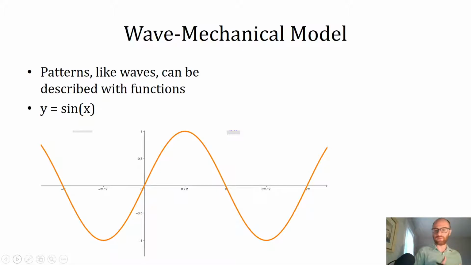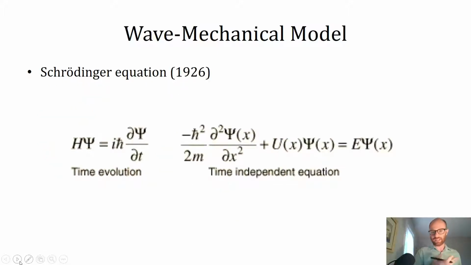And the mathematical formula, so this is an example of a sine curve where the value of y is equal to the sine of whatever x is, so the x and y positions are related. You can write an equation that relates the energy of an electron to its location in the nucleus. Now it turns out that the formula is a lot more complex, but maybe we can pick out little pieces.